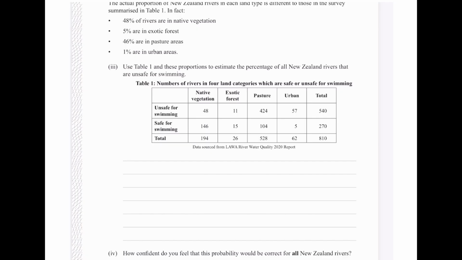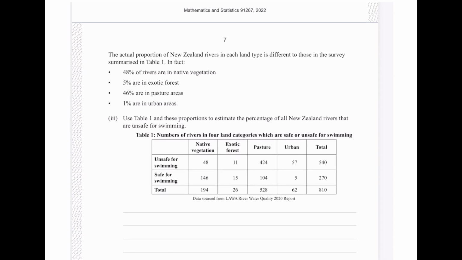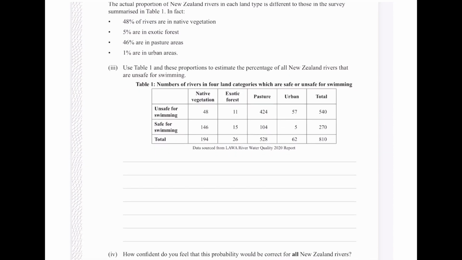So essentially, what they're saying is if we look at the actual proportion of New Zealand rivers in each land type, for example, we've got 194, and that's out of 810 for native vegetation. 194 divided by 810, that's 23.95%. But they've told us it's actually 48%, right? So that means our survey's not quite correct there, but that's all right.